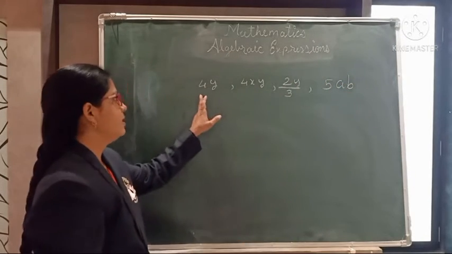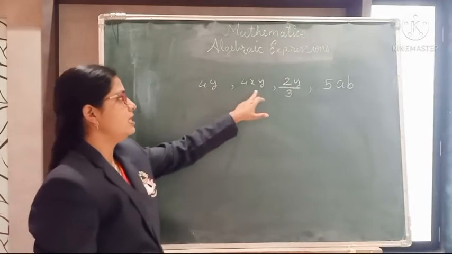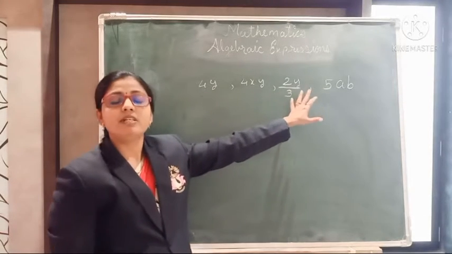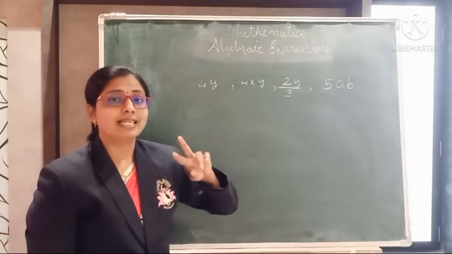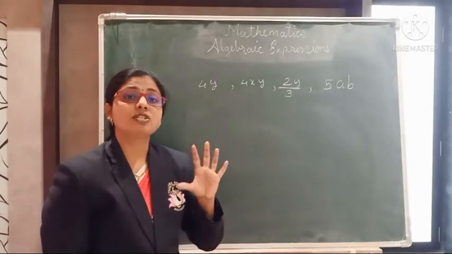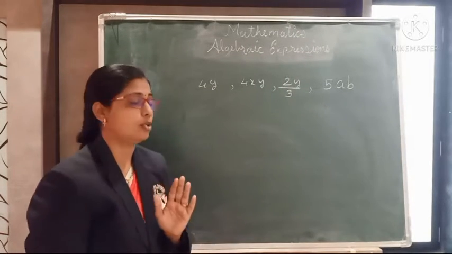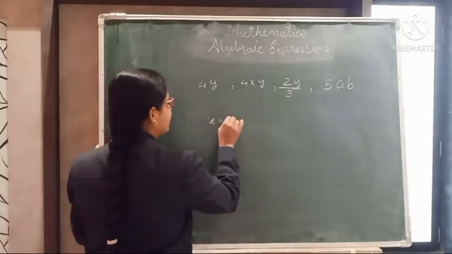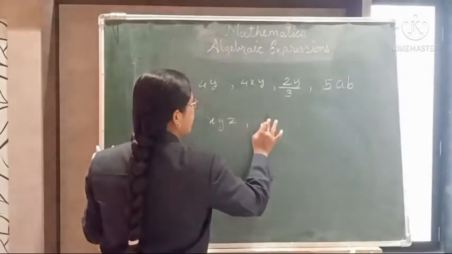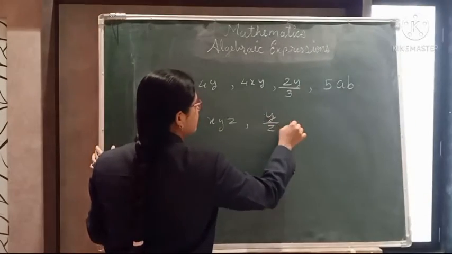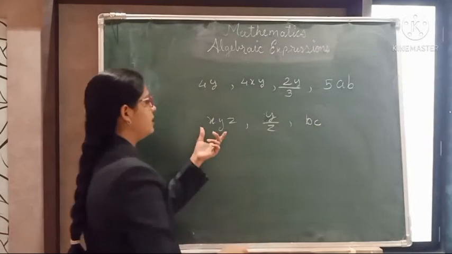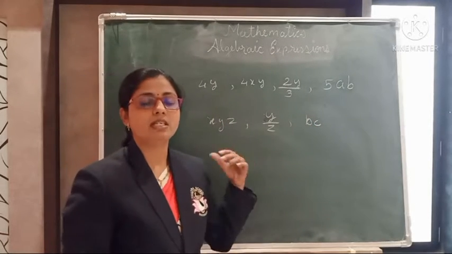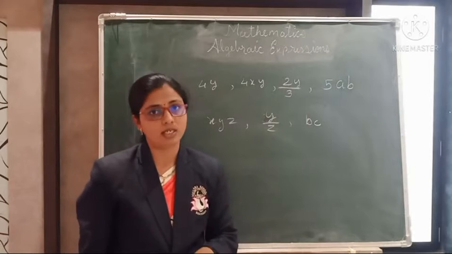You can see here a combination of constant and variable is there everywhere, so it will always be a variable only. Always remember this. Second thing, a combination of variables, for example x, y, z, then y upon z, b, c, is also known as a variable only.